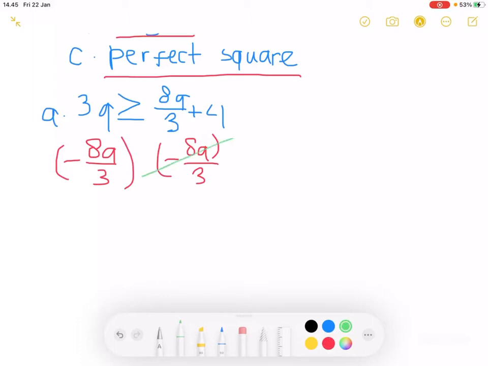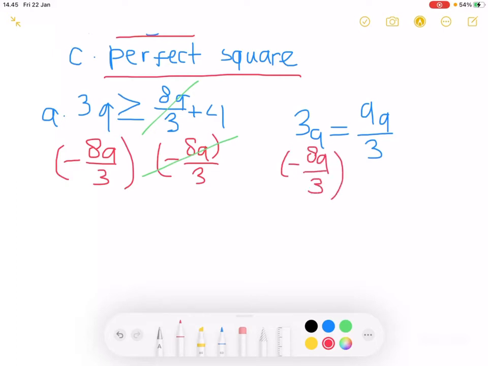Oh, nice, so this and this will cancel. We can look at this 3q as 9q over 3, and then we subtract 8q over 3 on both sides. We can work this out very nicely to get positive q over 3.